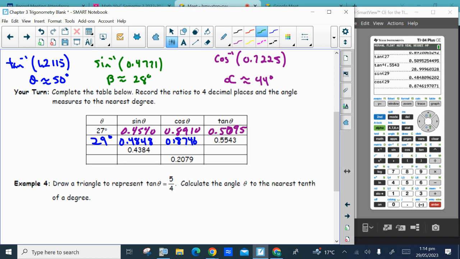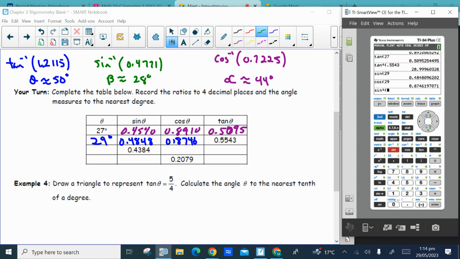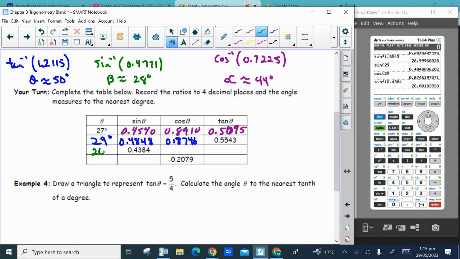For the next row, we're told what the sine of theta is. It's 0.4384. So we must start this one by going second function sine of 0.4384. And theta, the angle, is 26 degrees.